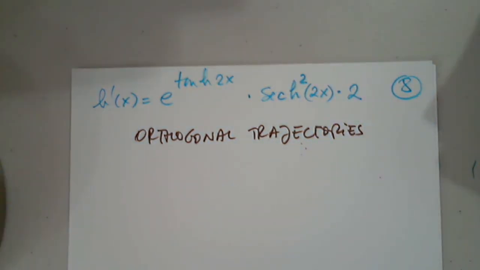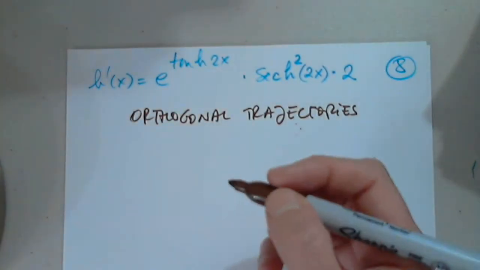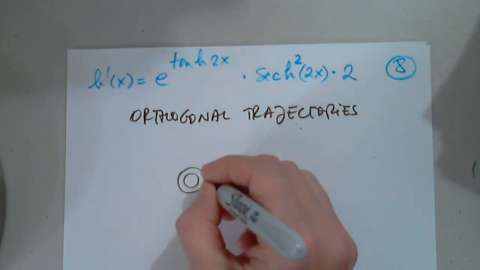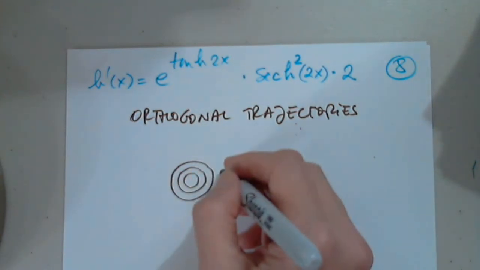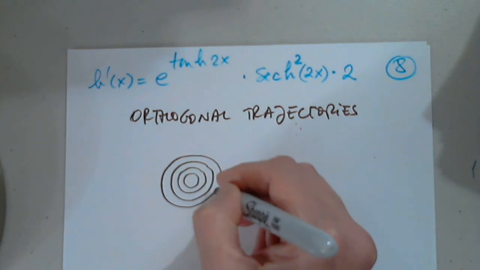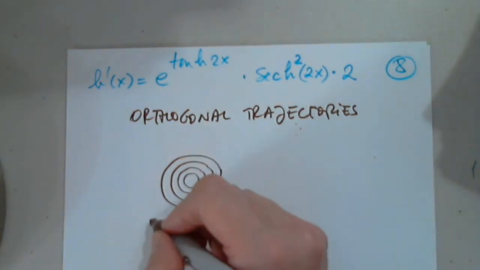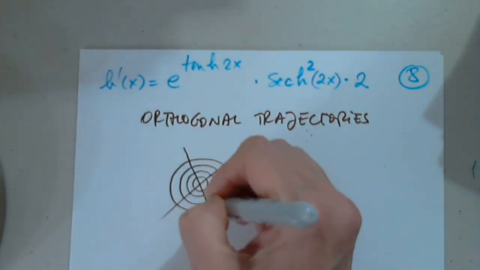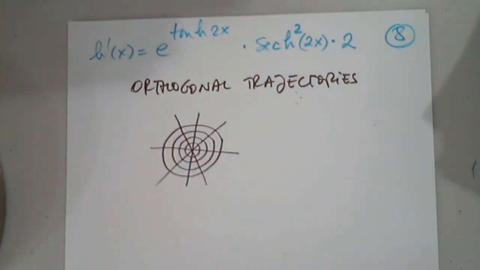So, what are they? Let's say we have families of functions. These are circles. They're not functions, they're curves. So in my example, these are not functions. They're just circles. They are curves. And let's say we have another family of functions that are represented by lines. Now you notice something very interesting.